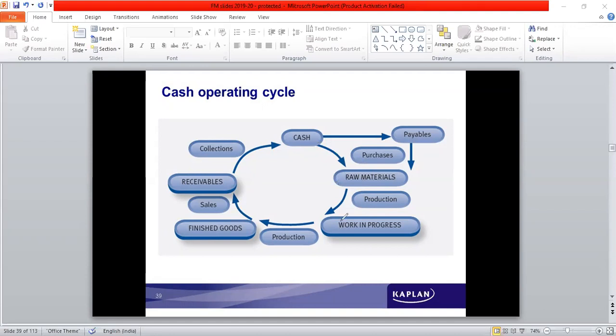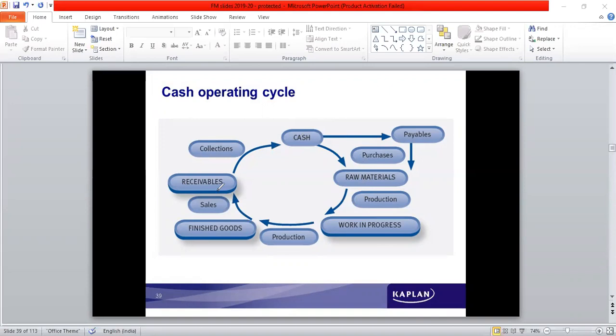If it is converted into semi-finished form, we call it work in progress, then finished form, and then when these goods are sold, if they are sold on cash basis, immediately cash will be received back. So the investment made into raw material, after it gets converted into finished goods and sales are made, cash will be received.